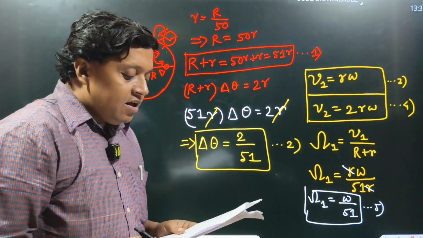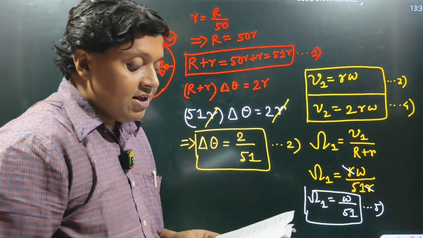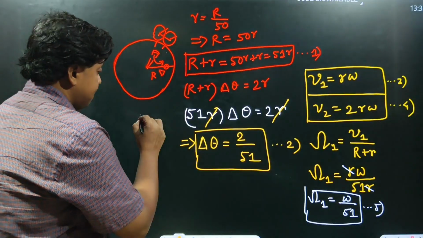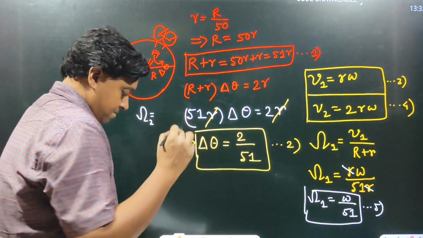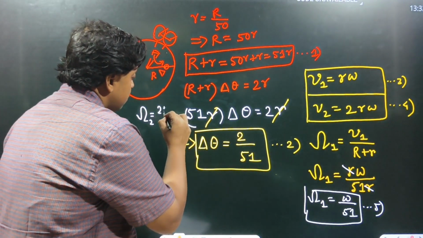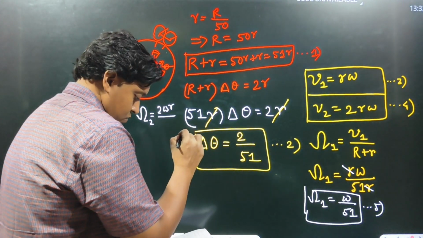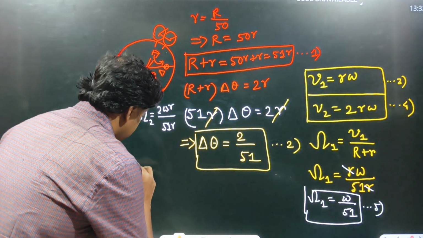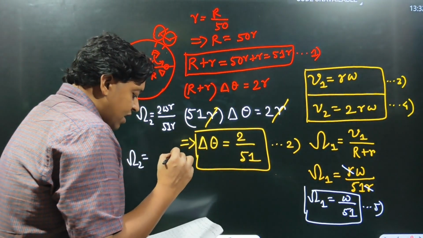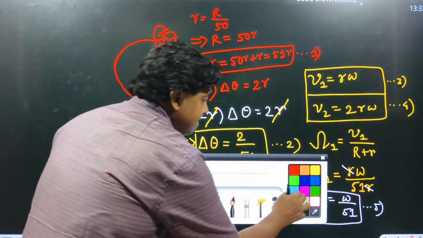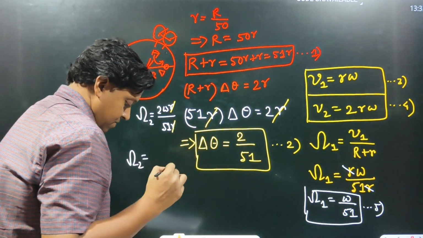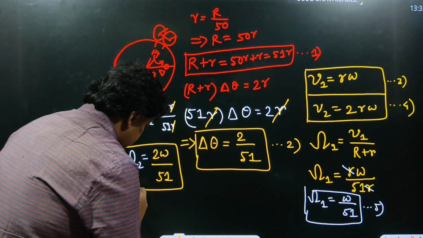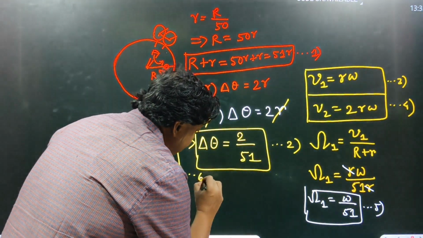Similarly, for the second small disk rolling with angular speed 2 omega, the angular speed of the center about the center of the larger disk should be, that is omega 2 should be, twice omega by 51, and this is our equation number 6.